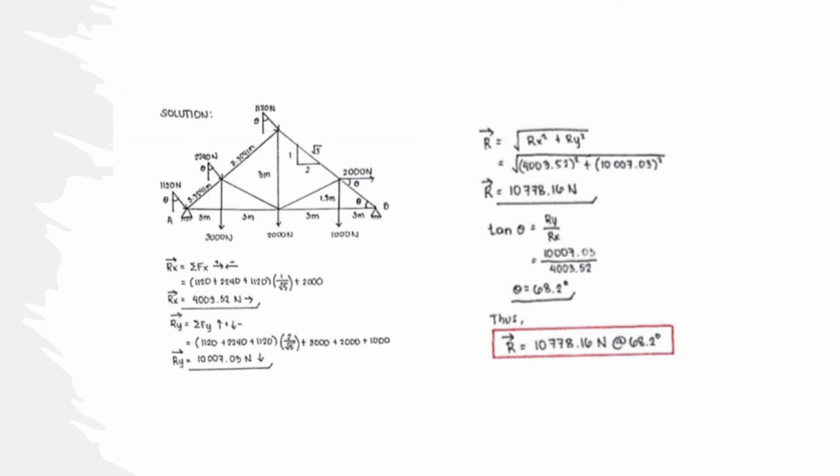So to get the angle, arctan of 10,007.3 over 4,003.52, and the answer is 68.2 degrees. So therefore, the resultant is 10,778.16 newtons at 16.2 degrees.